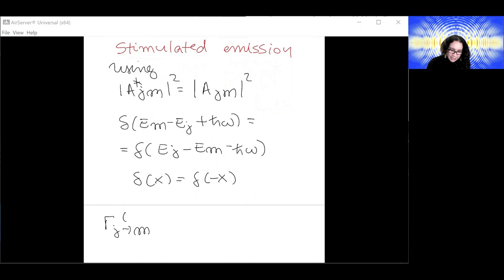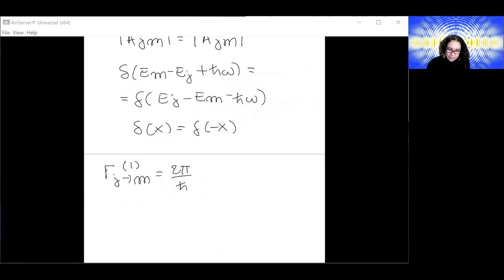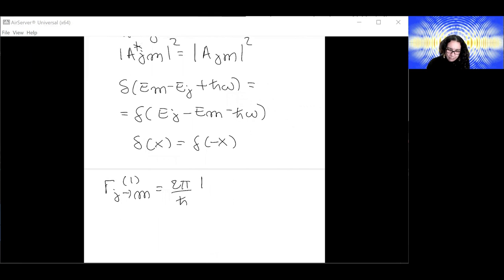And what happens in the end is that this gives you a rate, this emission rate to the first order perturbation theory, 2 pi divided by h bar, A_jm square delta Ej minus Em minus h bar omega.